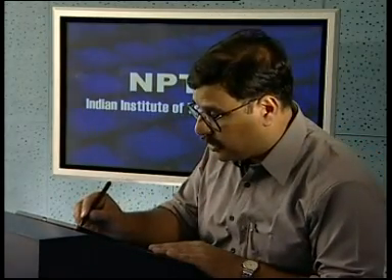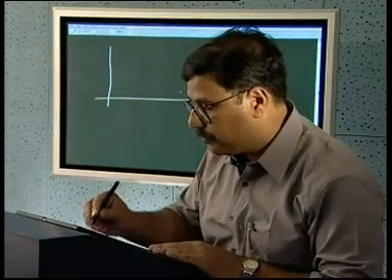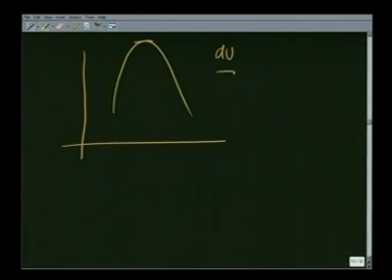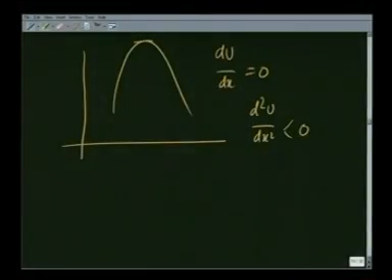Let us start with the maximum of the potential energy, where I had dU/dx equals 0 and d2U over dx square is less than 0.